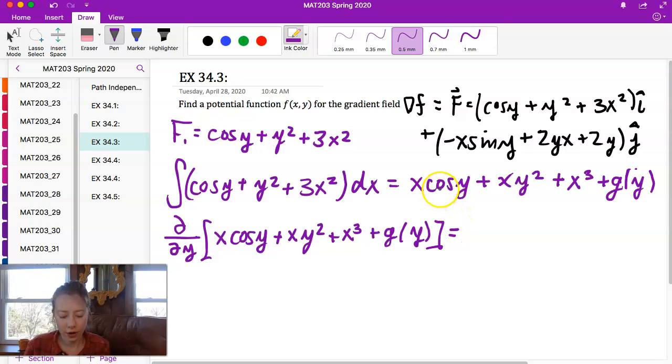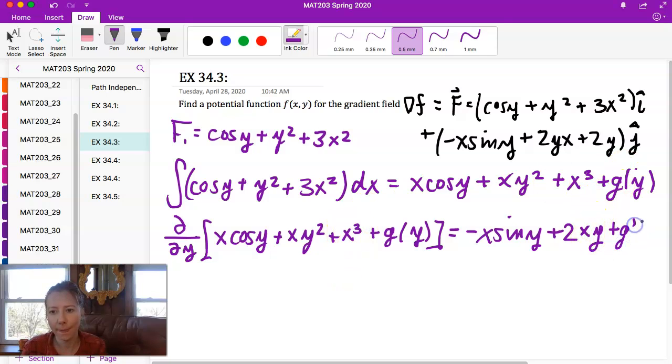All right, and so this is going to give us minus x sine y plus 2xy plus x cubed becomes 0, so plus g prime of y.